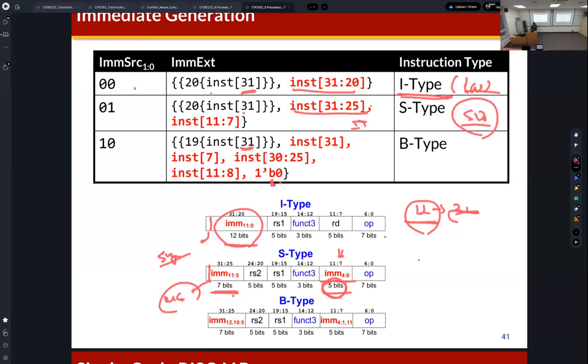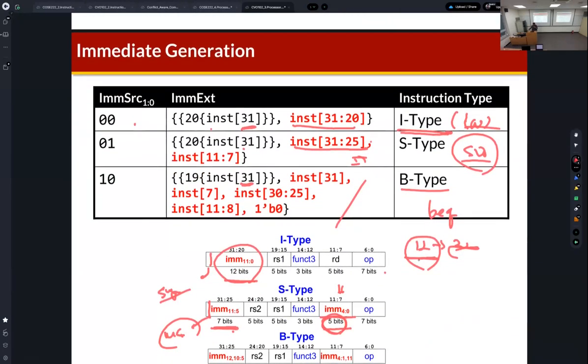This is because immediate 12 down to 1 is stored in the instruction, and the last bit is 0. This is the B type, a branch type, like BEQ. For the branch instruction, we need to generate the extended immediate number like this. So there are several different types of immediate generation.